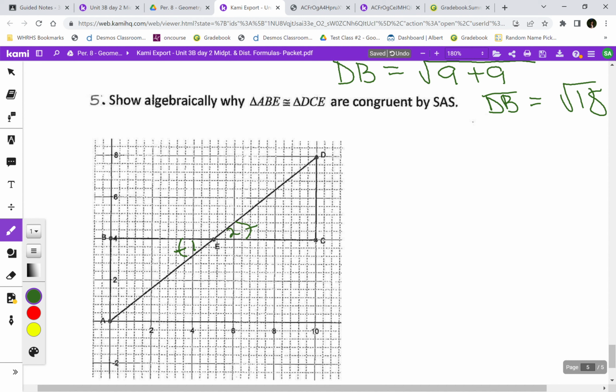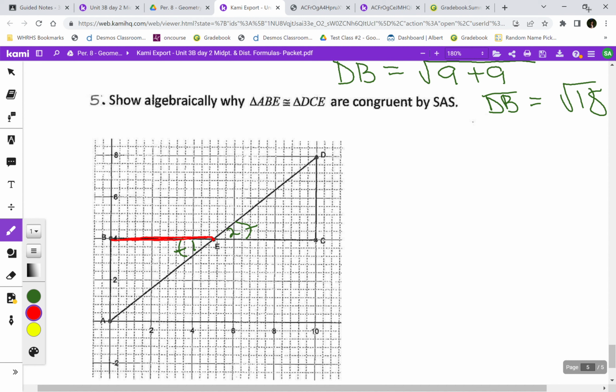All right. So now we need side, angle, side. I'm going to go ahead right here, and I'm going to say that from point E to B, right here, is that a horizontal line? Yeah, so can we just count the units? Absolutely.